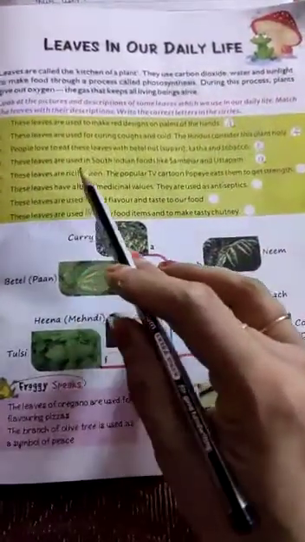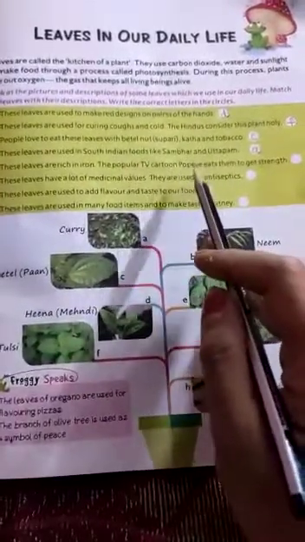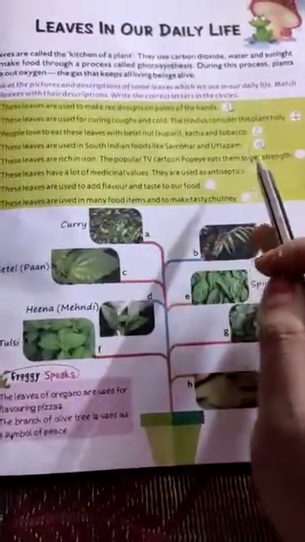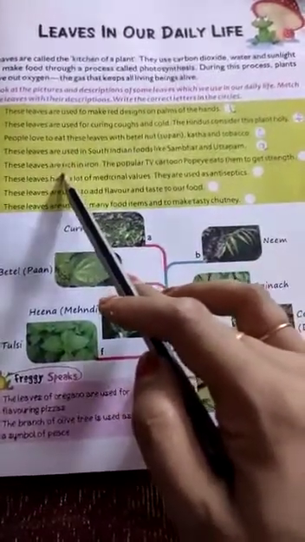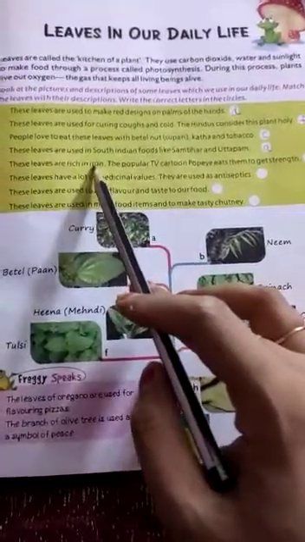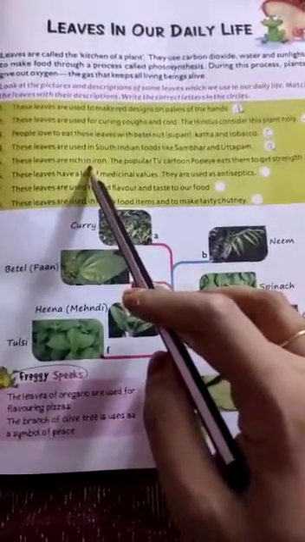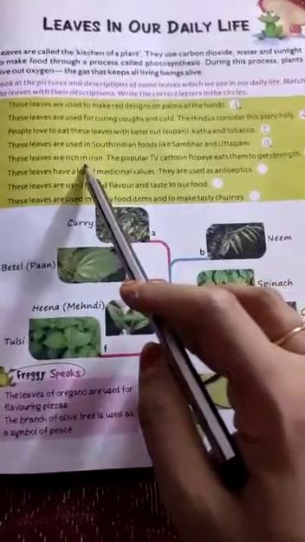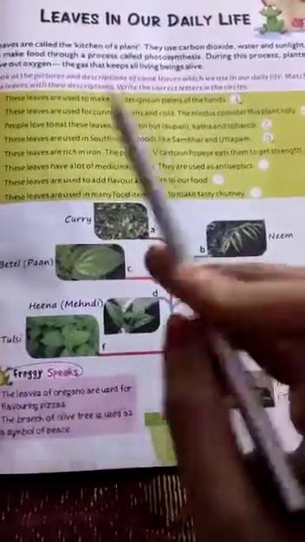Okay. Now these leaves are rich in iron. The popular TV cartoon Popeye eats them to get strength. So the leaves we are discussing are full of iron. We prepare veg curry of this leaf also. We prepare palak paneer. We used to prepare saag also.